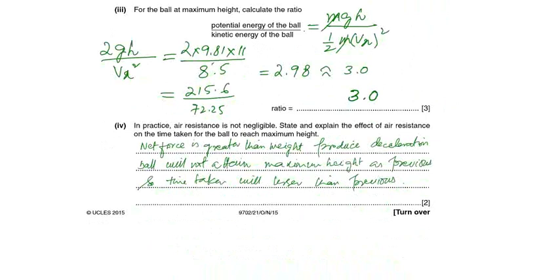If the height is shorter, that means the time taken to reach that smaller height will be less. Reduced deceleration, the ball will not attain the maximum height as before. So the time taken will be less than the previous.